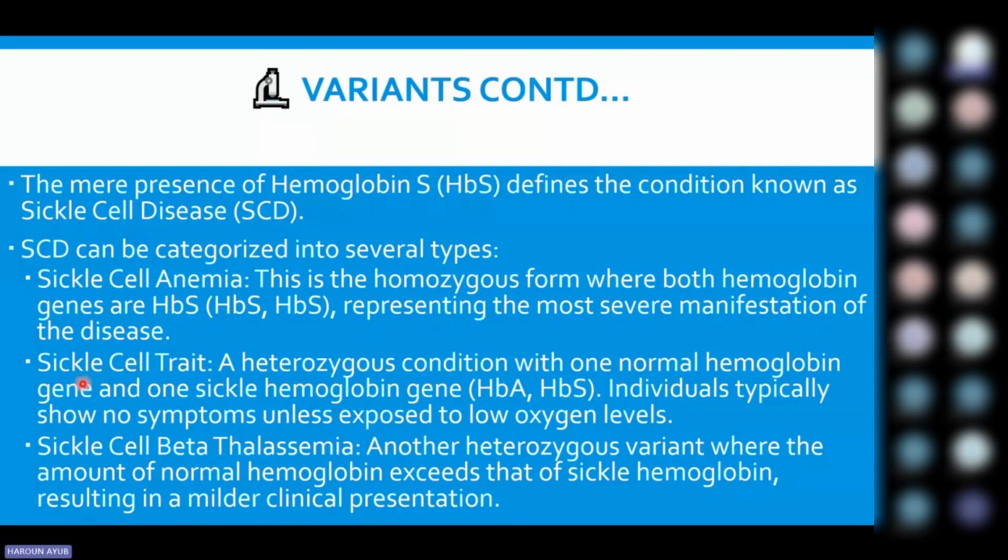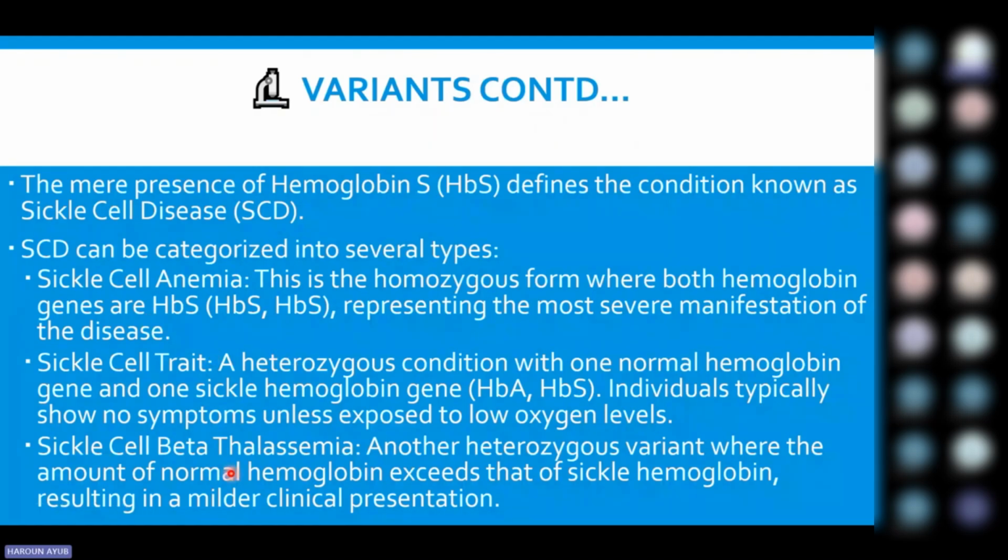So these particular individuals who have the sickle cell trait typically show no symptoms unless exposed to low oxygen levels. This is where they'll start experiencing symptoms or struggle to maintain in that particular situation. While sickle cell anemia disease, the SS homozygous form, will have the representation of the symptoms from the onset.